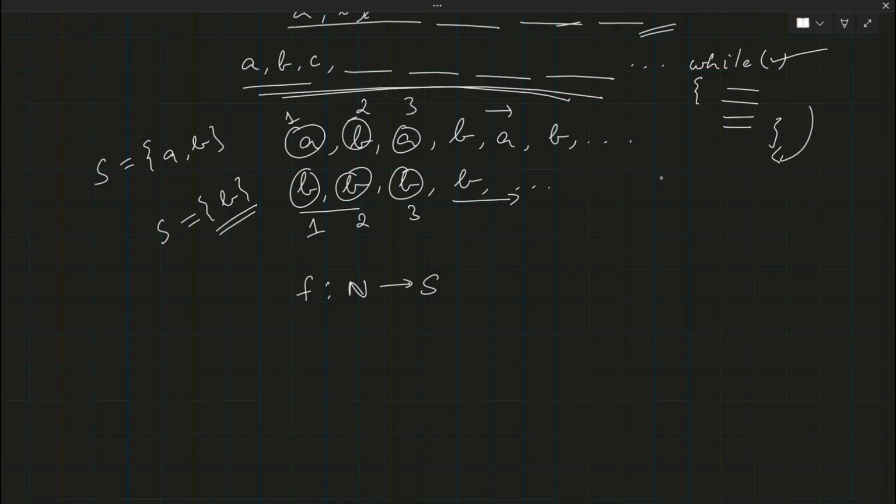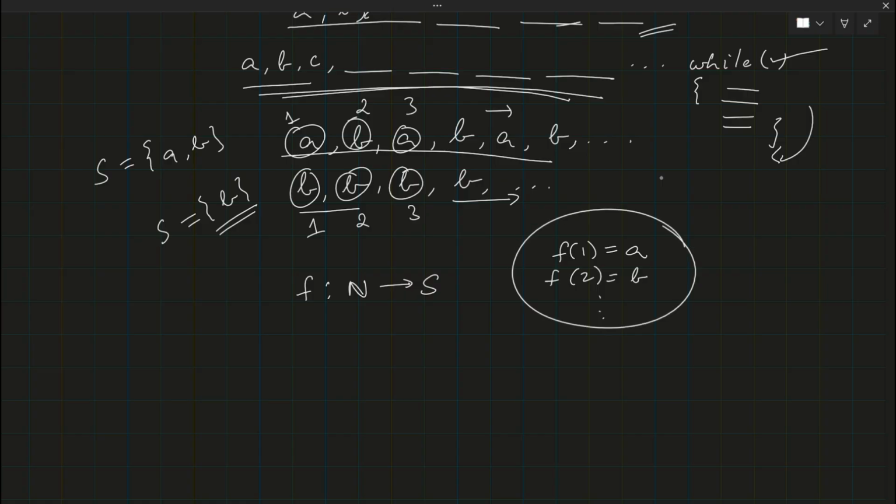For example, in this first sequence that we considered, f of 1 would basically be the first term, which is nothing but A. Now f of 2 would be B here, since we have the second term as B, and so on. So this is mathematically how we define a sequence.